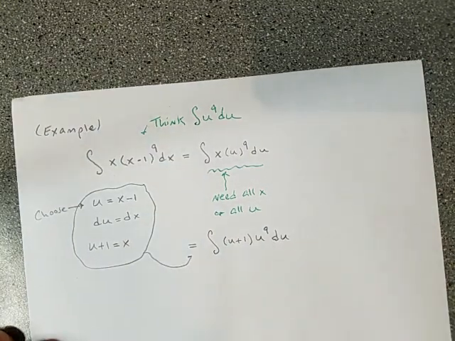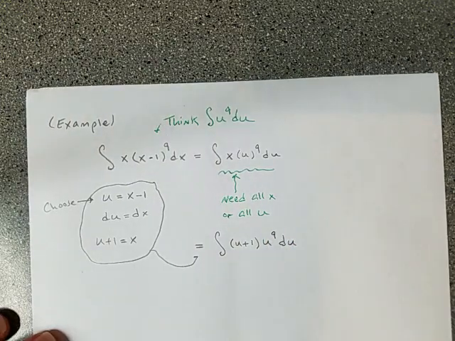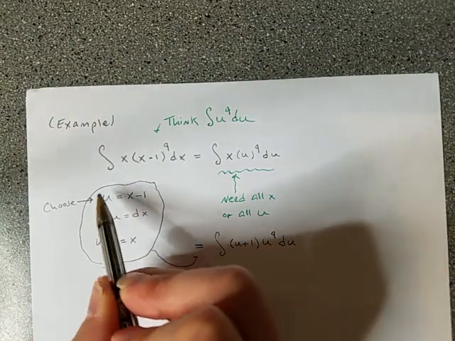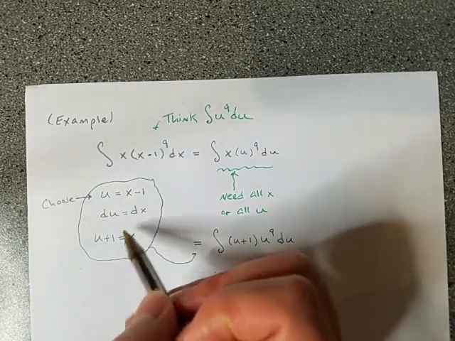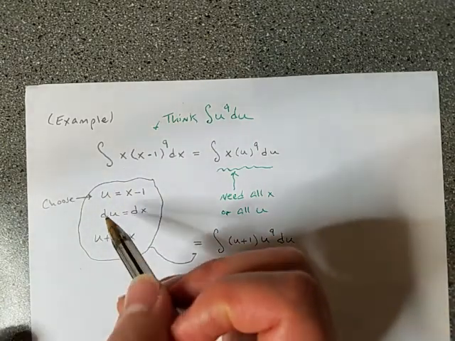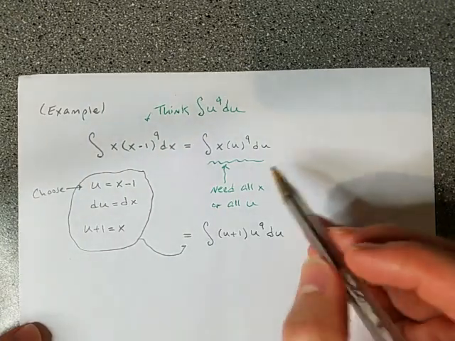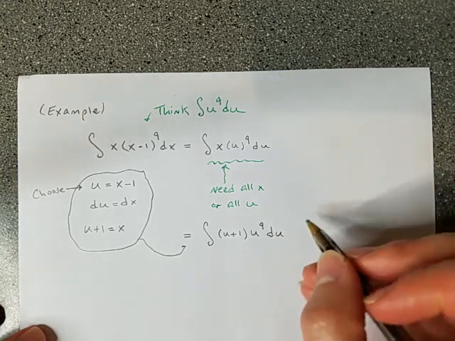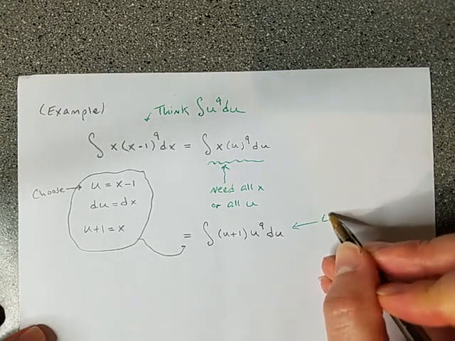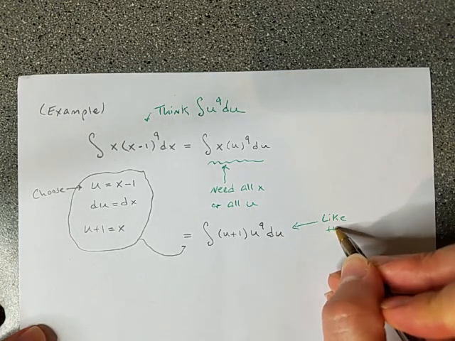So I need all x or all u. I just solved that for x, basically. I remember I could treat these like algebraic equations if I needed to. I could modify them like that. So I needed this to be in terms of all x or all u. In other words, I needed to get to this point.